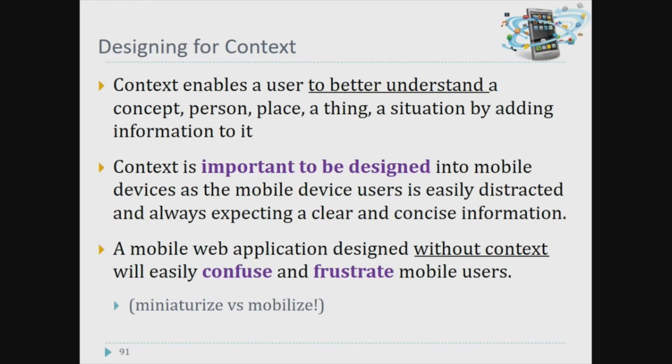Designing for context means we need to understand what context is first. Context enables the user to better understand a concept, a person, a place, a thing, or a situation by adding information to it. Context is important to design into the mobile device, as the mobile device user is easily distracted when they use the mobile phone, and always expects clear and concise information when they deal with something.